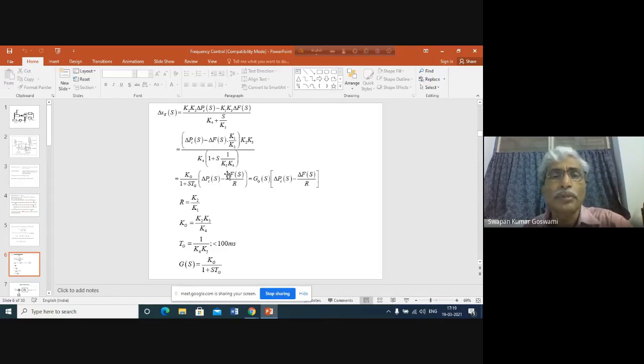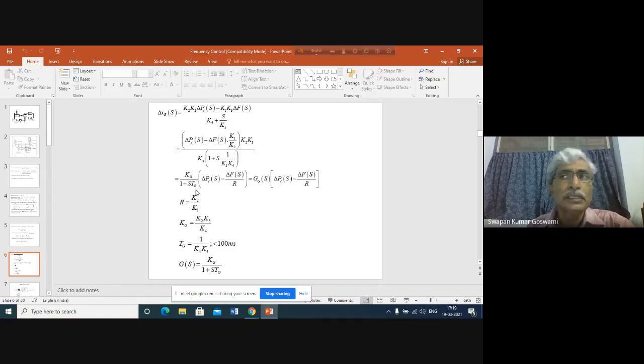No problem. But finally, what we do is write the transfer function, a first order transfer function. The general form is some gain divided by 1 plus S into the time constant. This is the standard form. So some gain Kg here divided by 1 plus S times Tg.